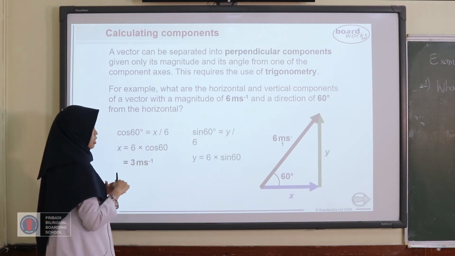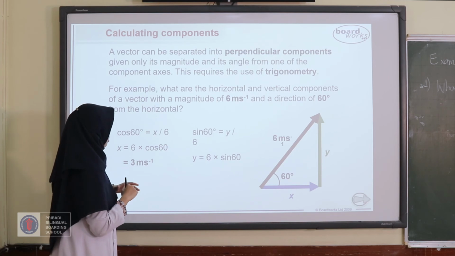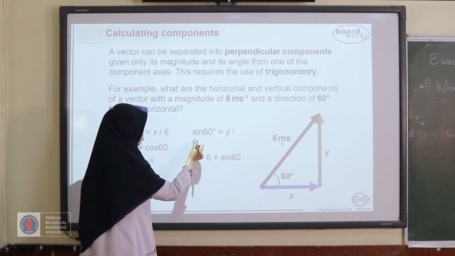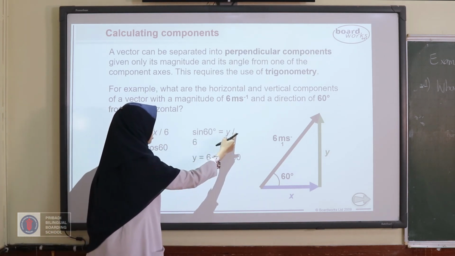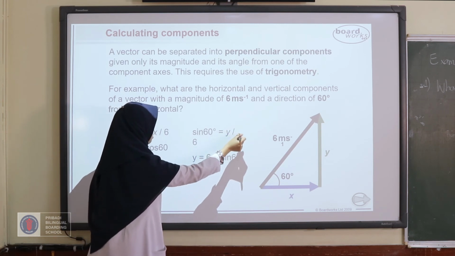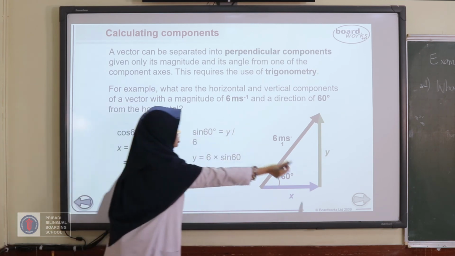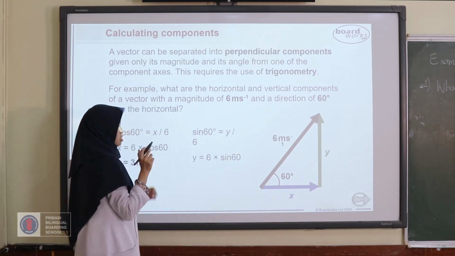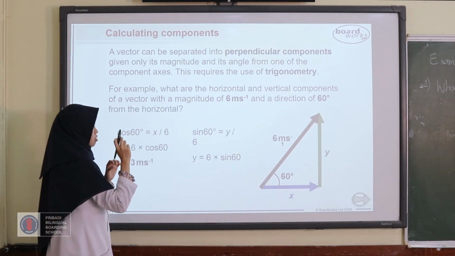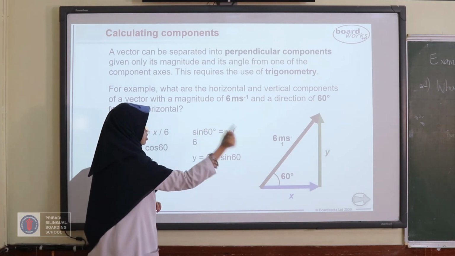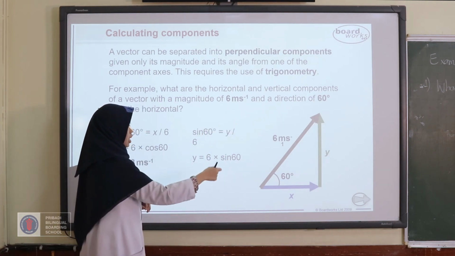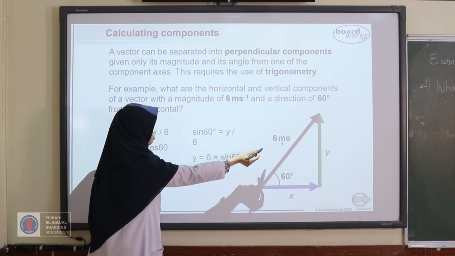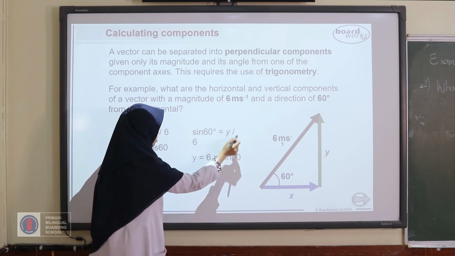For sine theta, the equation is opposite divided by hypotenuse. So y divided by 6, because opposite divided by hypotenuse.